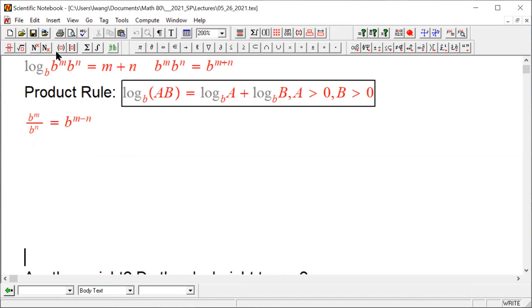Who doesn't know that? Everybody knows that, right? And once again, this is true for any base that's not equal to 0. Why do we emphasize not equal to 0? Because if b equals 0, it's going to cause a 0 denominator.